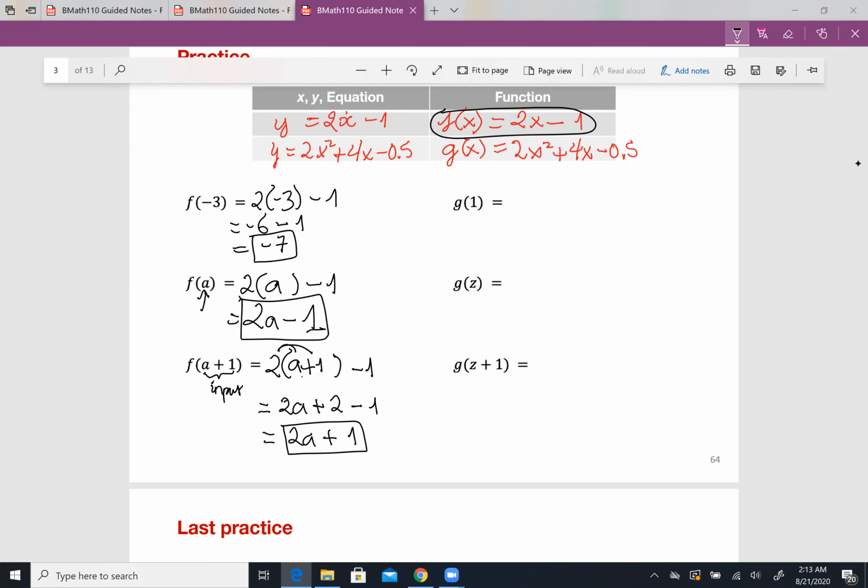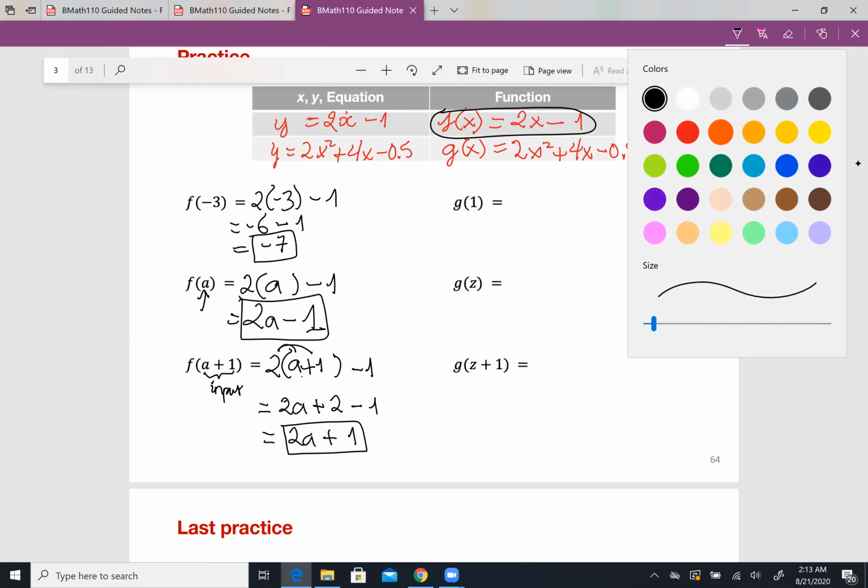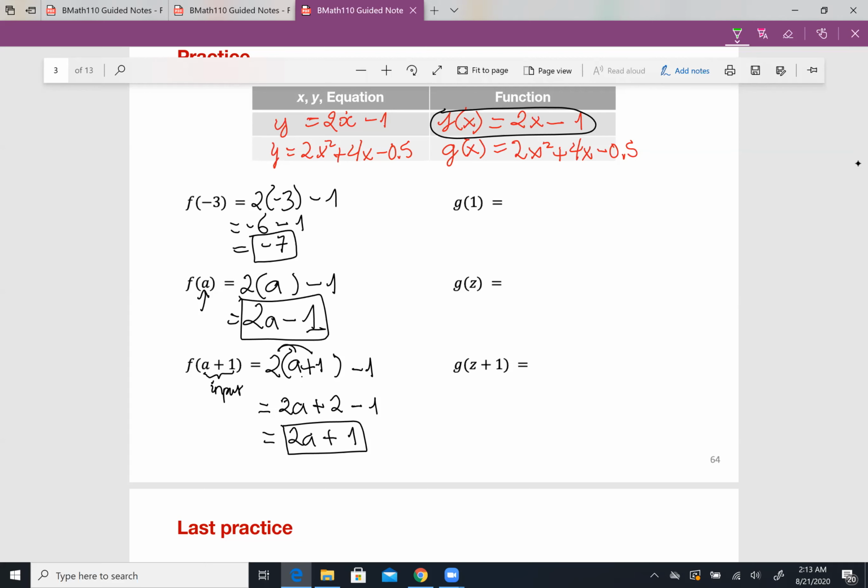Okay, now for g, I'm going to use this function. And g of 1 will be 2 times input squared plus 4 times input minus 0.5.